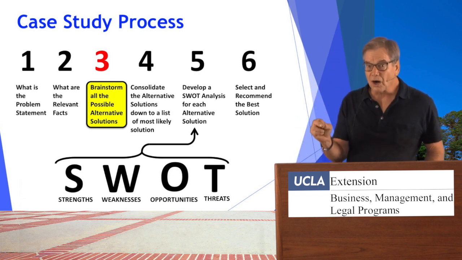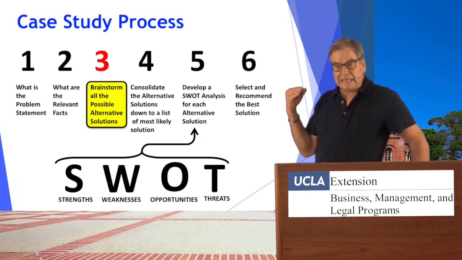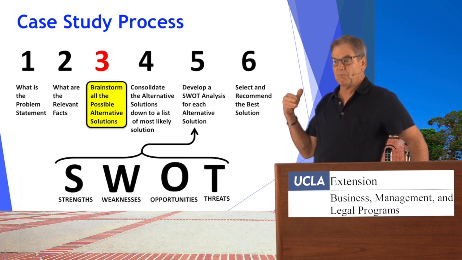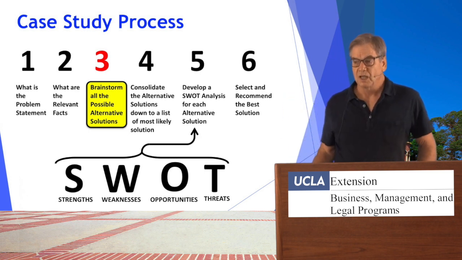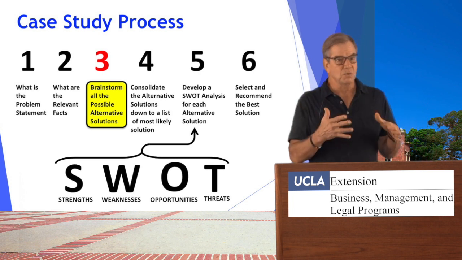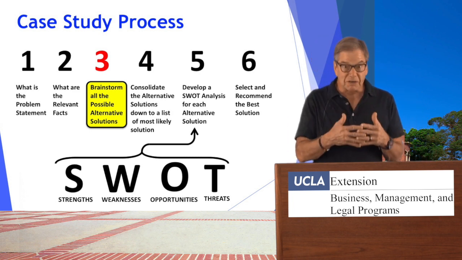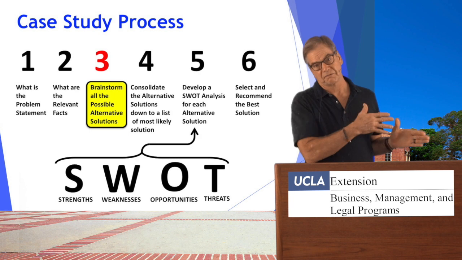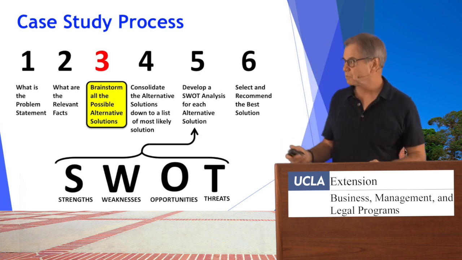The only requirement, though, is that each idea that we brainstorm and come up with should be achievable with the relevant facts. There's got to be some kind of connection with the relevant facts.